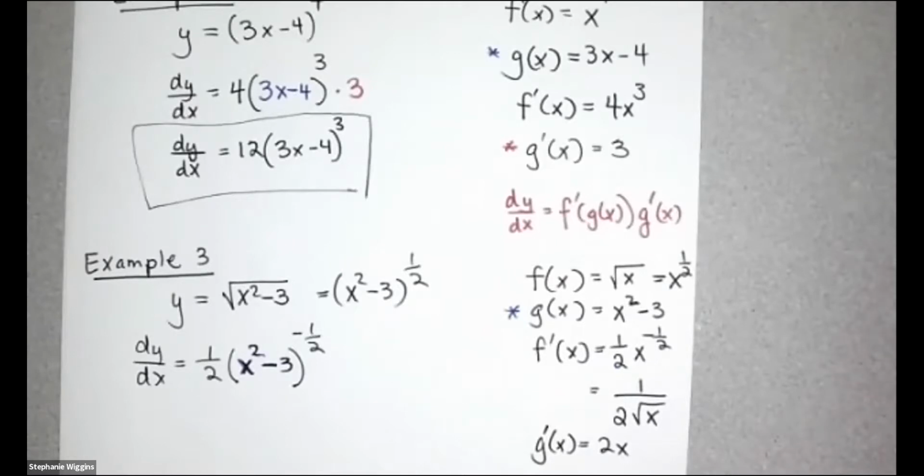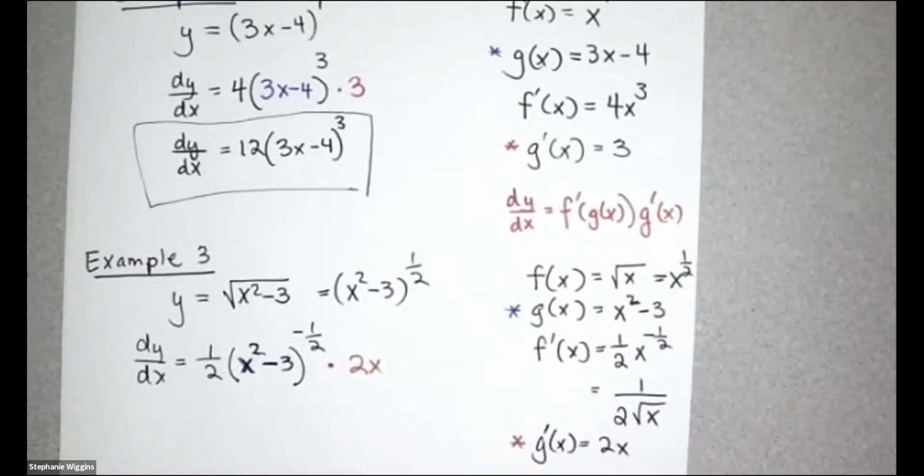And then by the chain rule, I have to multiply by the derivative of this function, which is 2x. Okay? So that's where that all comes from. Try to highlight the fact that that's the blue marker there. That's coming from this. And then I simplify it.